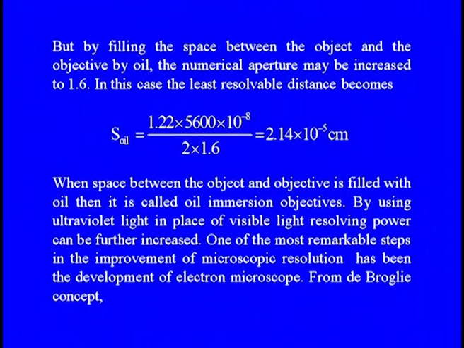But by filling the space between the object and the objective by oil, the numerical aperture may be increased to 1.6. In this case, the least resolvable distance S becomes equal to 2.14 into 10 to the power minus 5 centimeter. When the space between the object and objective is filled with oil, it is called an oil immersion objective.